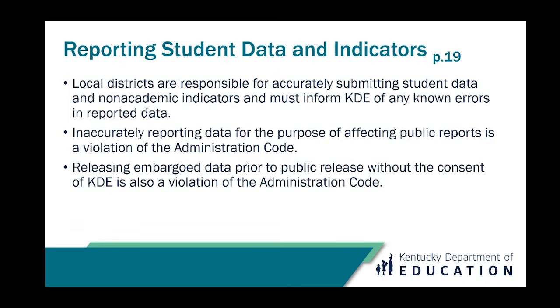Local districts shall be responsible for submitting this data as accurately as possible and are responsible for informing KDE of any known errors in the data reported. Reporting of incorrect data for the purpose of inaccurately affecting public reports shall be considered a violation of this administration code and shall be treated as described in this document.